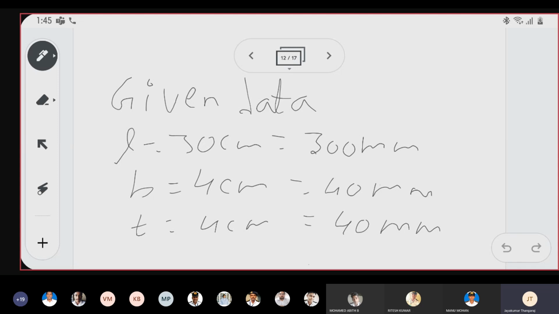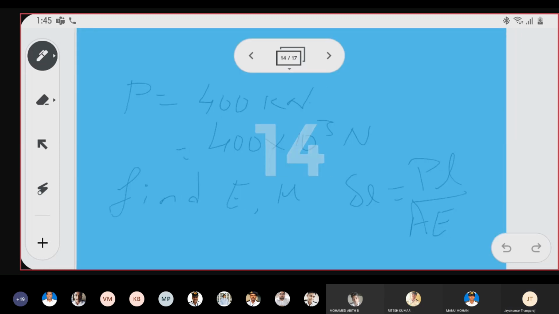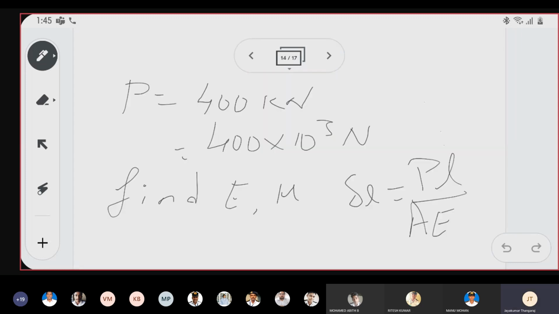So L is 300 mm, breadth 40 mm, thickness 40 mm, change in breadth 0.03 mm, change in length 0.75 mm, and P is 400 into 10 power of 3 Newton.